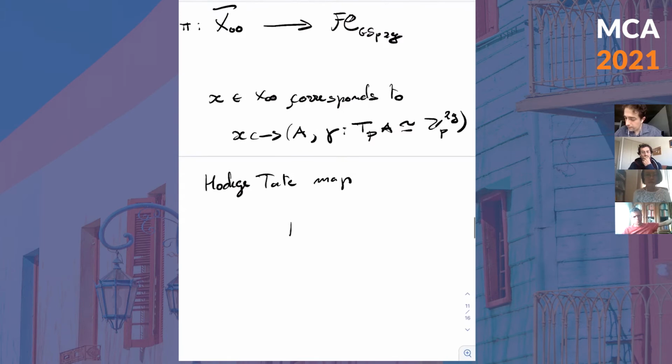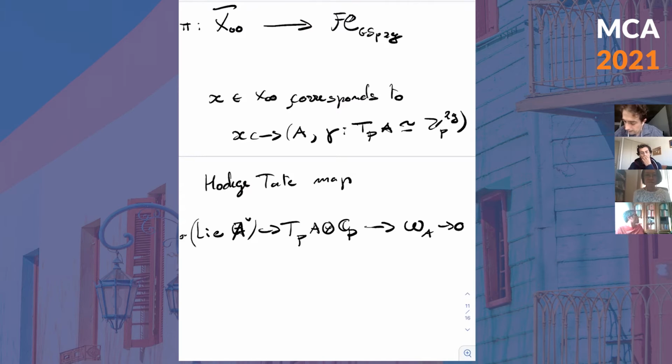That tells us that if I take T_p of A, I tensor with C_p, I can go into omega of A, and in my kernel I have the Lie algebra of the dual abelian variety. So in particular, once I have this isomorphism, I can consider this. Let me put here C_p. I have this isomorphism. This is a nice 2g-dimensional vector space thanks to this isomorphism.